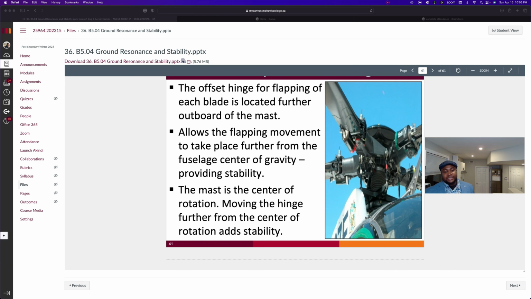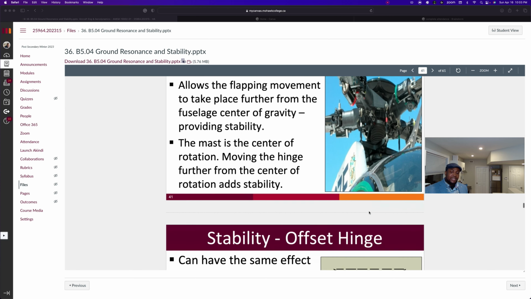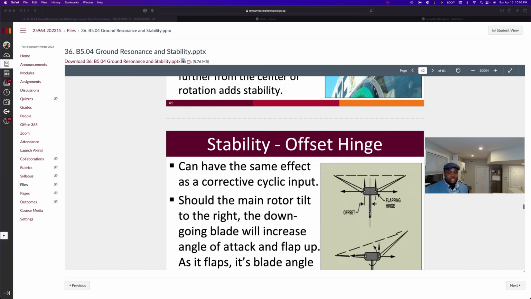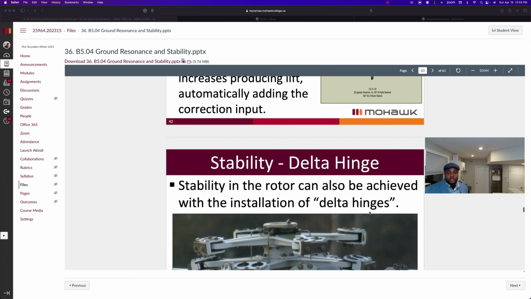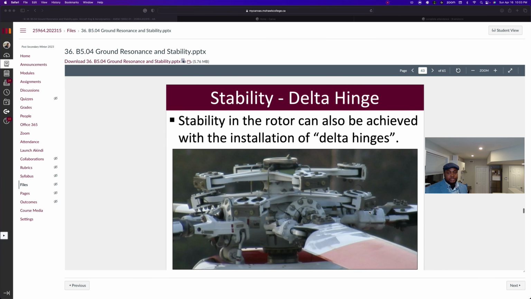The mast is the center of rotation, which we've talked about. Moving the hinge further from the center of rotation adds additional stability. So offset hinges are good.